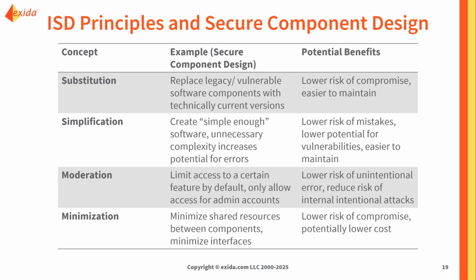And for minimization, we can think about minimizing interfaces to the device, limiting how many potential entry points there are, and minimizing shared resources if we have multiple compartmentalized functions within the device. How much do they need to talk to each other or share resources? By minimizing that overlap and those interfaces, we can make a more robust component.